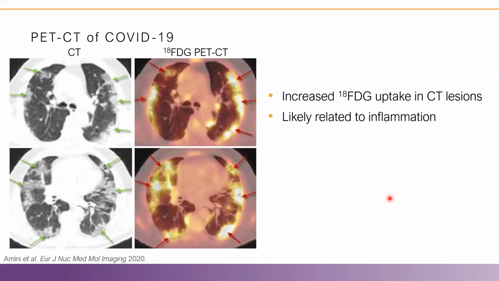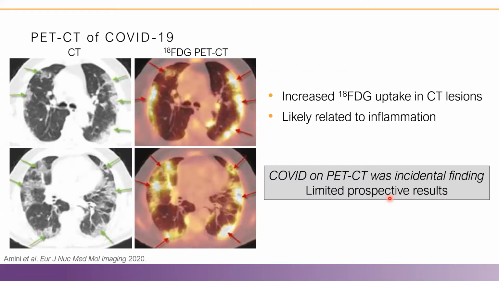The conclusion here was that this was likely related to inflammation inside those regions. This was quite an interesting finding, but it's important to note that this was an incidental finding on a patient who is asymptomatic for COVID-19, but undergoing a PET CT as part of their regular workup for cancer.